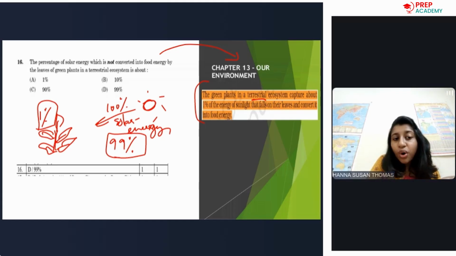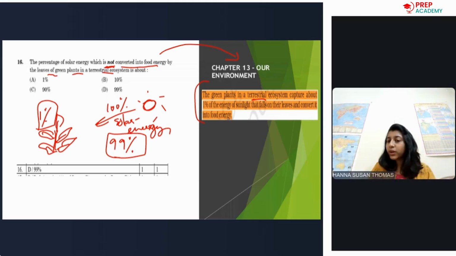The percentage of solar energy which is not converted into food energy by the leaves of green plants in a terrestrial ecosystem. What will be your answer? Only 1% of the solar energy is utilized by the plants to prepare their food. That means only that much is converted into food energy by the leaves.